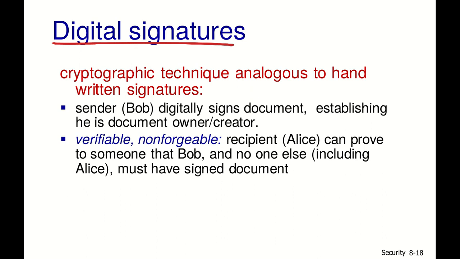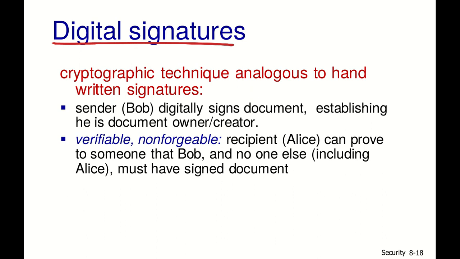The same applies to the digital signature. Let's say Bob signs a document and it is received by Alice. Alice can make sure that the document is really signed by Bob, not by anybody else, and also that it is the document Bob sent, not another document.